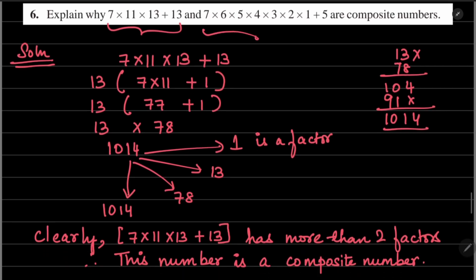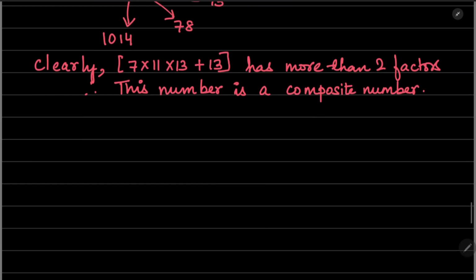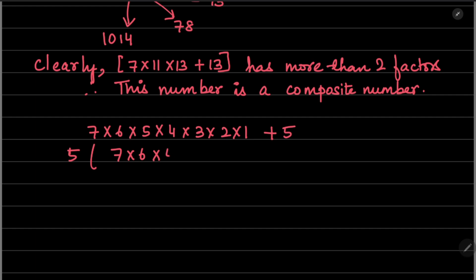Similarly, let's do the second one. It is 7 into 6 into 5 into 4 into 3 into 2 into 1 plus 5. You have to show that it's a composite number. Take 5 common. So you will have 5 into 7 into 6 into 4 into 3 into 2 plus 1.